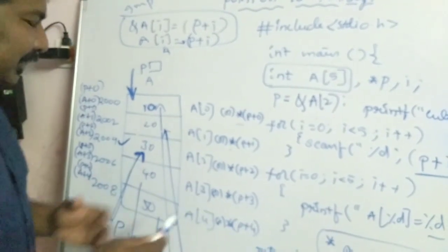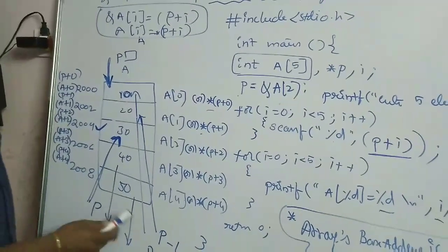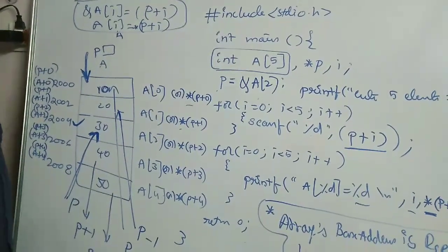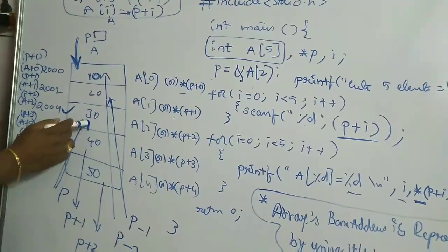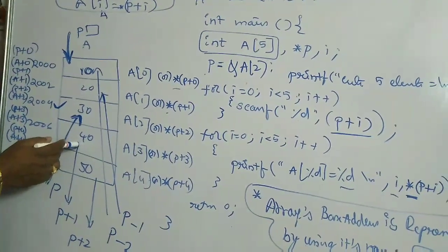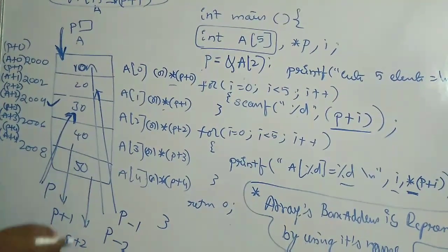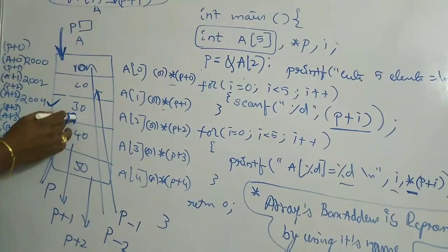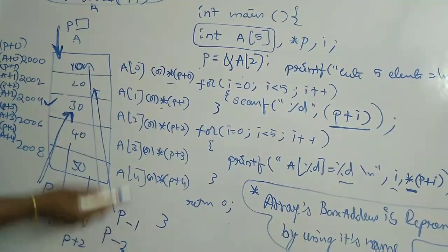This is the example where you can add numbers. If P is at this particular location, you can access the next element just by adding plus 1, or if you want to access this element, you can just add plus 2. Similarly, if I want to access the previous element, I can write it as P minus 1, and before that element, P minus 2.